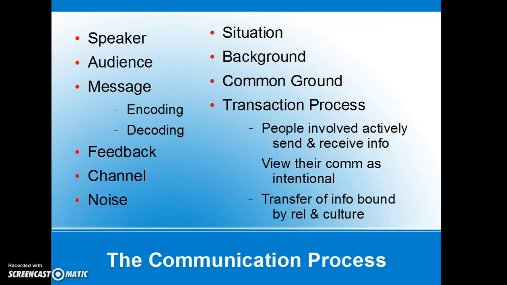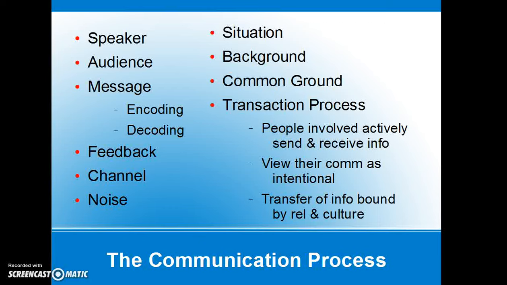The other type of noise that happens quite a bit is something I call internal noise. So internal noise are things that you are thinking about on your own that distract you from the message being read or being sent. So for example, if you're concerned about the exam coming up, if you're concerned about something else that needs to be going on, or if you're creating your response to the message that you are receiving, anytime you are not actively listening to what the speaker is sending, noise, specifically internal noise, is happening.